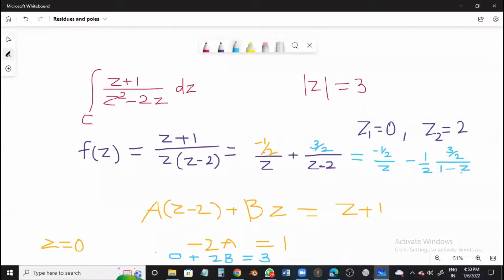Can I say so? Will it work? Because what I want is the coefficient of Z minus 2, so I should write it in terms of Z minus 2 only.